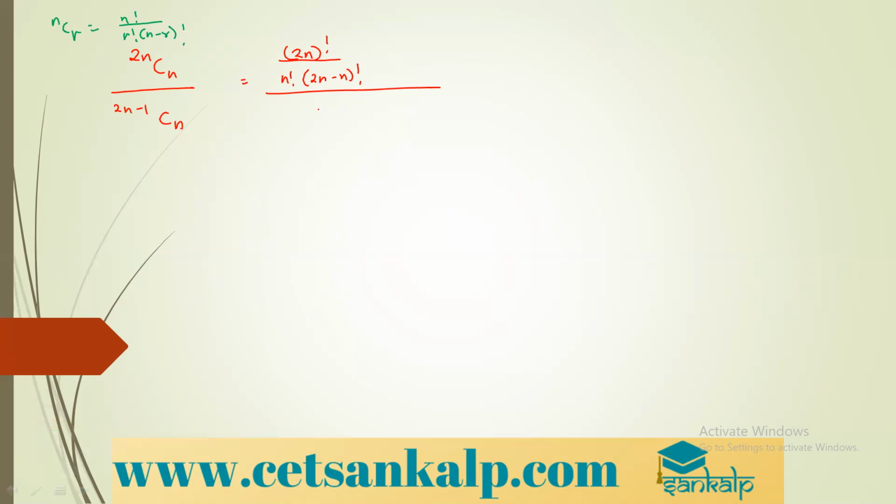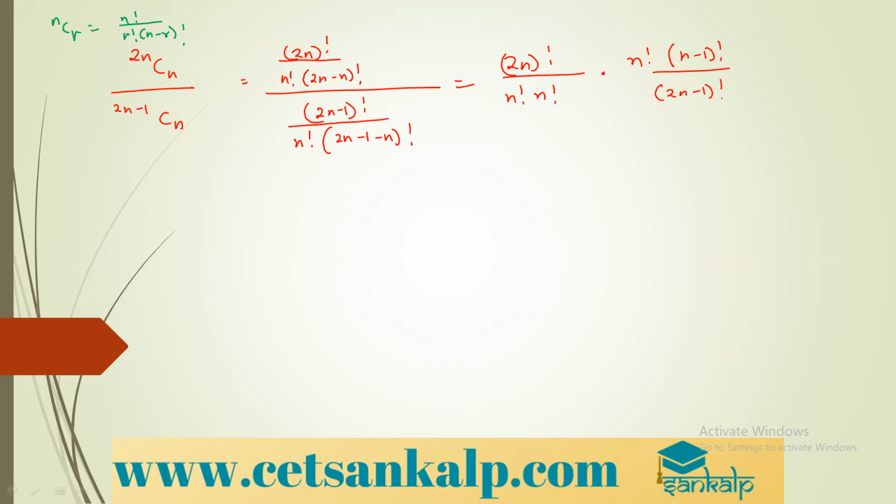So in the denominator I have (2n minus 1) factorial by n factorial into (2n minus 1 minus n) factorial. This will be 2n factorial by n factorial into n factorial, into n factorial into (n minus 1) factorial by (2n minus 1) factorial. I am just taking the denominator by taking the reciprocal.